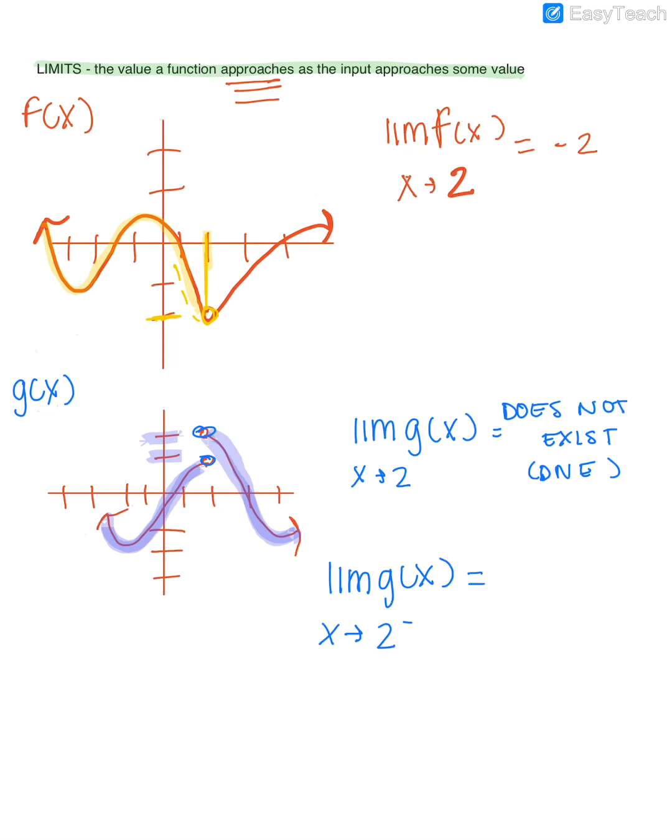Because it's a negative. If there was a plus here, it would be asking for the value that is being reached by the right-hand side.